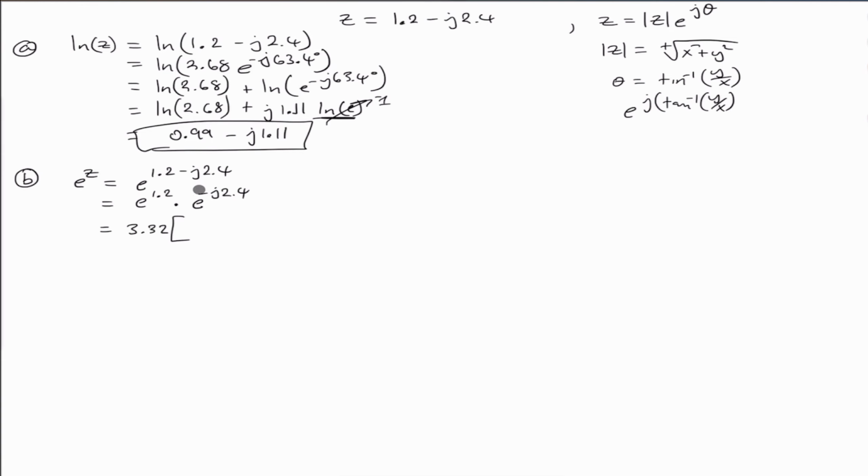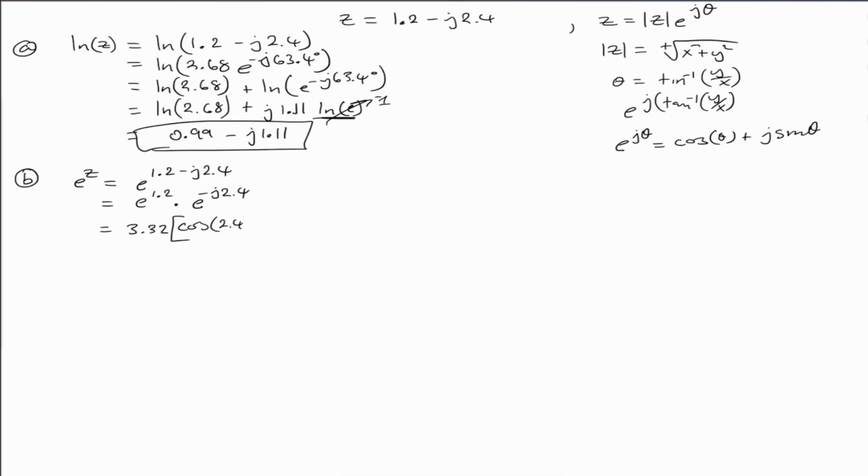Then we apply Euler's identity in this portion. So e to the j theta is equal to cosine theta plus j sine theta. So if we take cosine 2.4, well, let's just write that out.